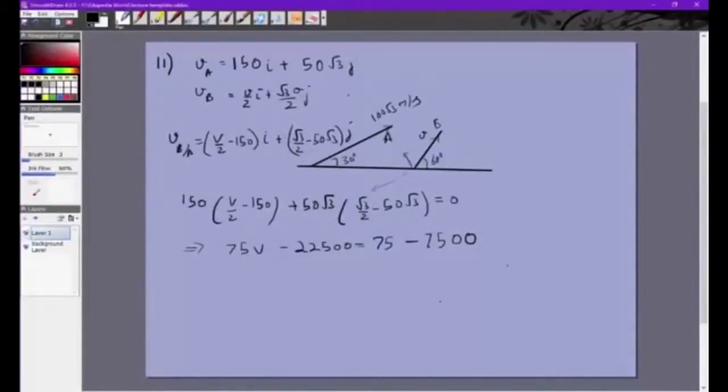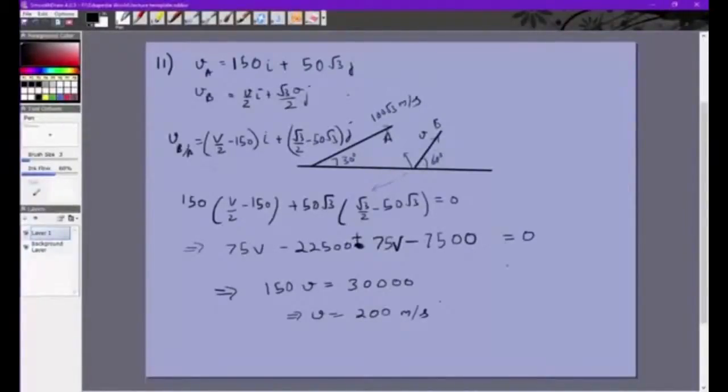So there's a V here as well. Which gives us 150V is equal to 22500 plus 7500, that is 30000, which means V is equal to 30000 by 150, which is 200 meters per second. So we know the speed of V now, that is 200 meters per second.